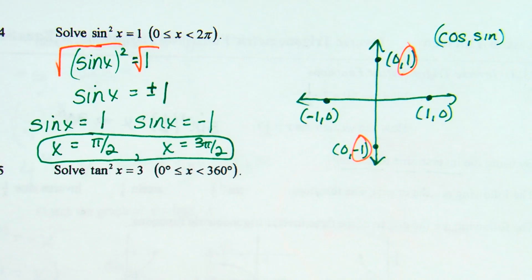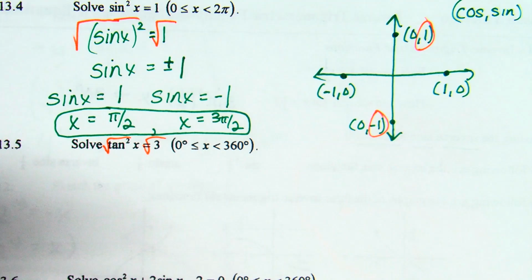Okay, quadrantals coming back to you. Okay, moving on. Example 5. Tangent squared x equals 3 on the interval 0 to 360. What do we start off doing? Square rooting.